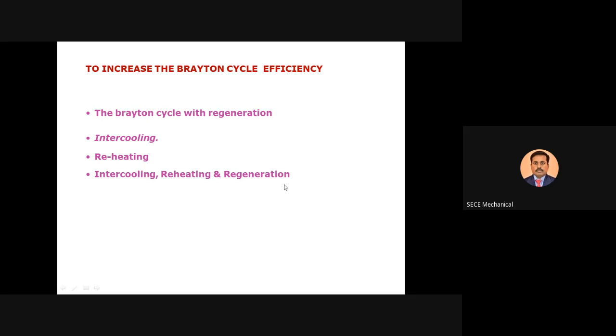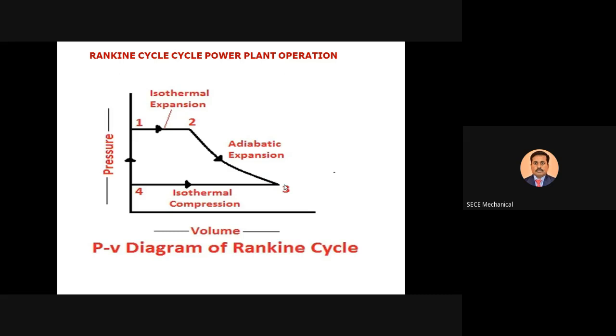With these combinations, we can increase the Brayton cycle efficiency, which means your gas turbine power plant efficiency is also improved. So whenever you want to improve your gas turbine power plant efficiency, we have to think about intercooling, reheating, and regeneration. In this way, we can improve the Brayton cycle.